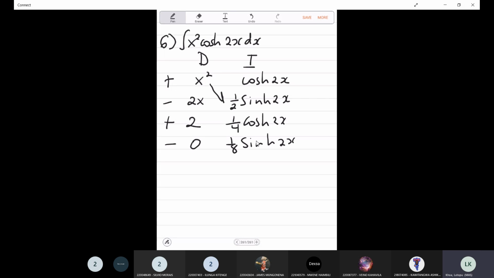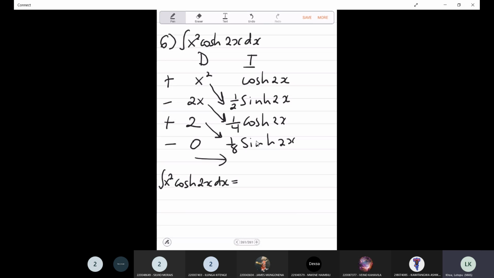So our solutions there, and then we integrate the last row. So the integral of x squared hyperbolic cos of 2x dx.